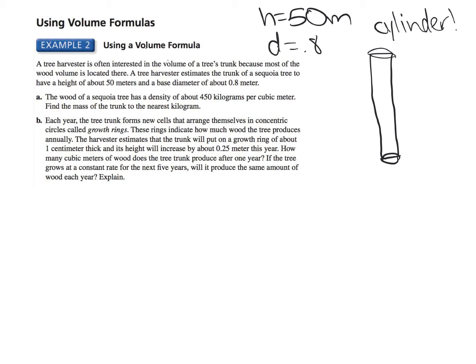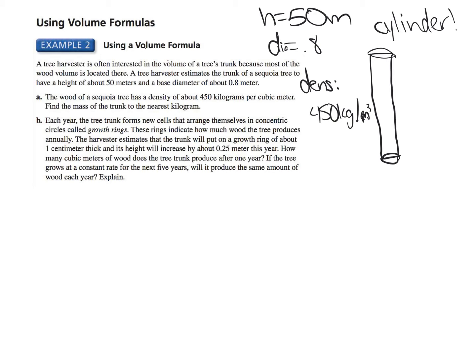Okay, so part A says the wood of the sequoia tree has a density of about 450 kilograms per cubic meter. So I'm going to label that. I should call this diameter, and density is 450 kg per meters cubed.